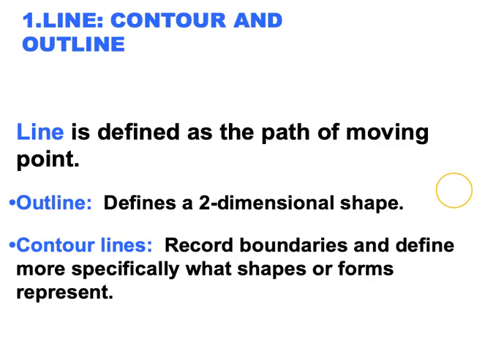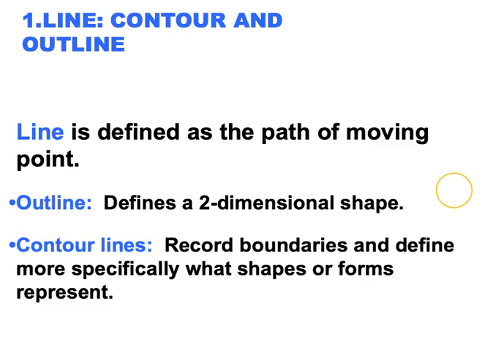A little more complicated is this concept of contour lines. Contour lines record boundaries and often define more specifically what shapes or forms are represented. They don't just outline something, they help us know what it is, and even more than that, like the depth of the thing. So it starts to show how it might take up space, or boundaries between one object and the next.